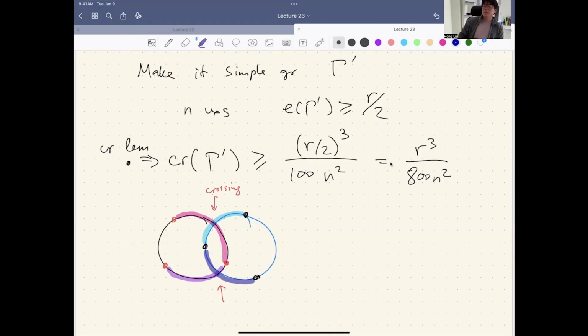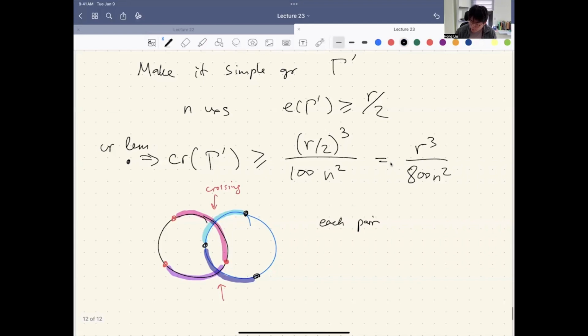So all crossings occur at pairs of unit circles. And every pair of unit circles contributes at most two crossings.